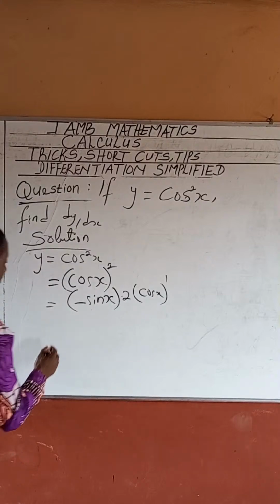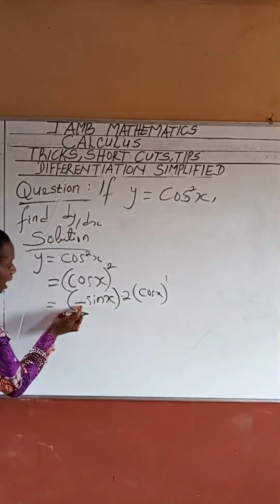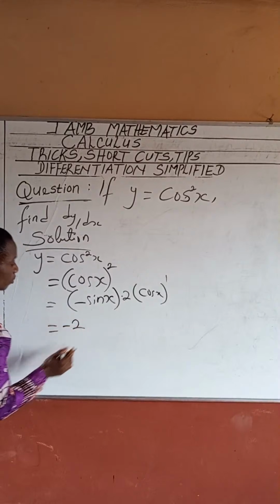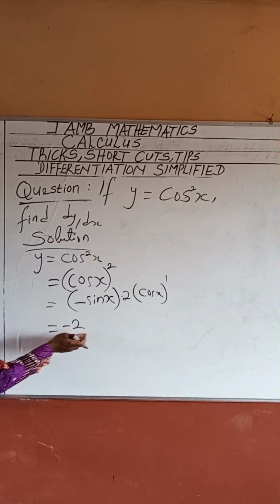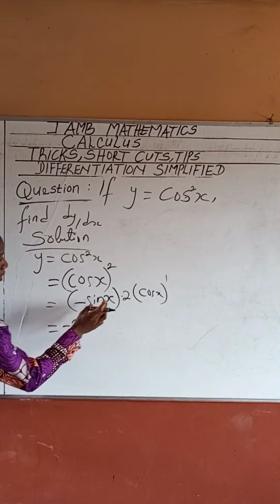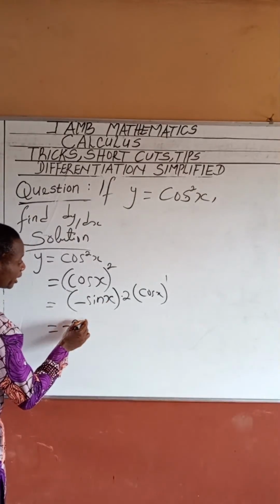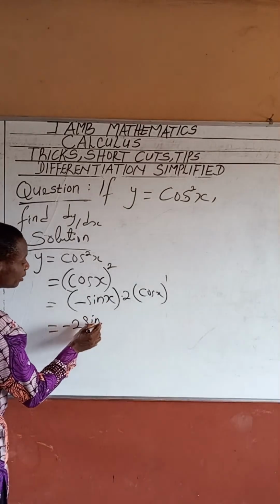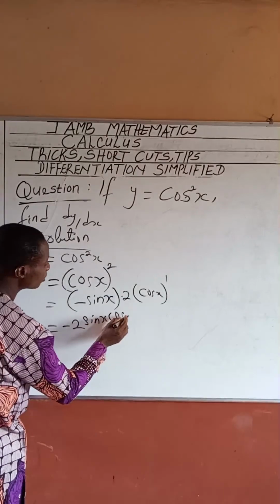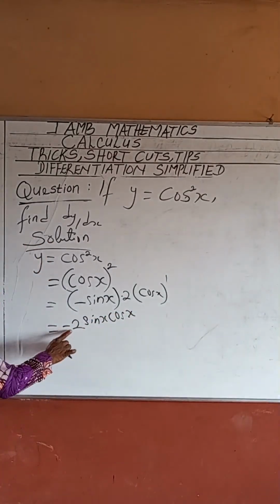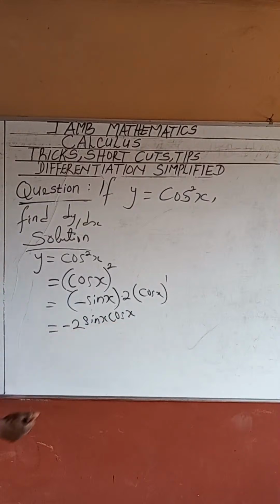It's similar. Now the next phase is 2 and minus will combine, using products, and that becomes minus 2 sine x cos x. This is negative, right?